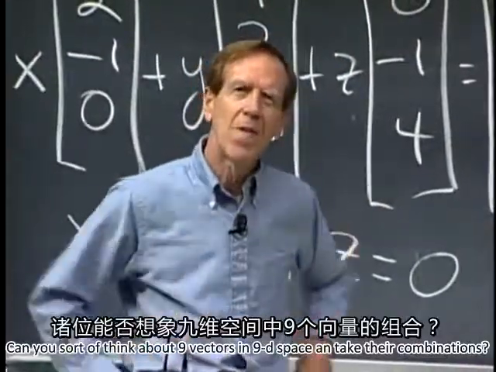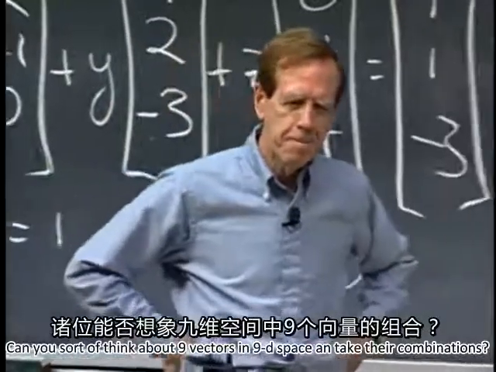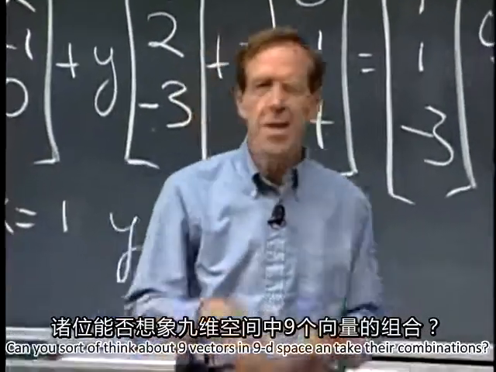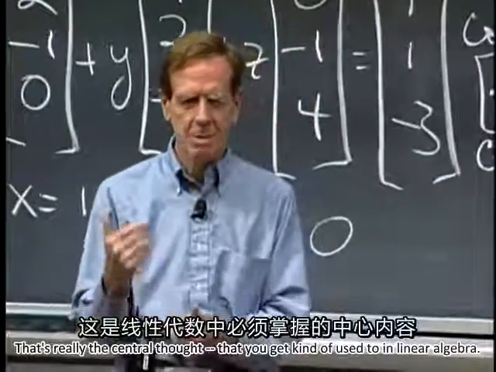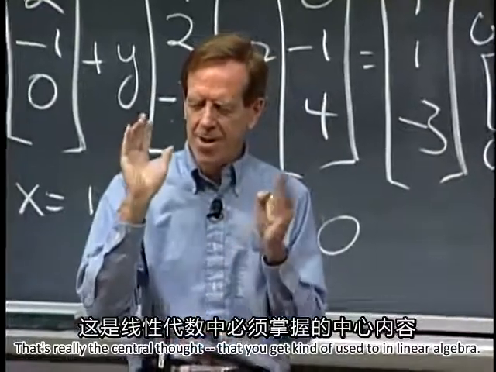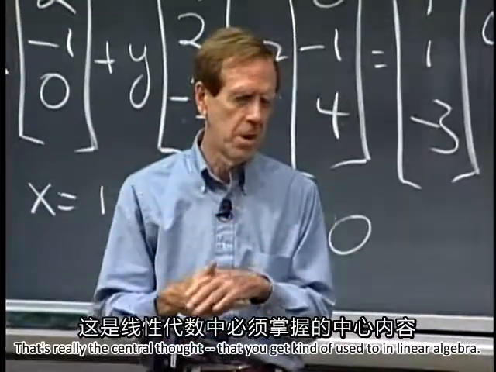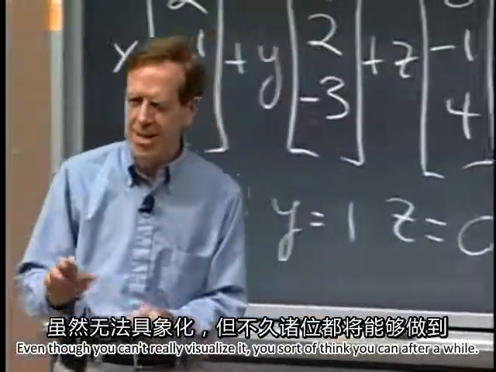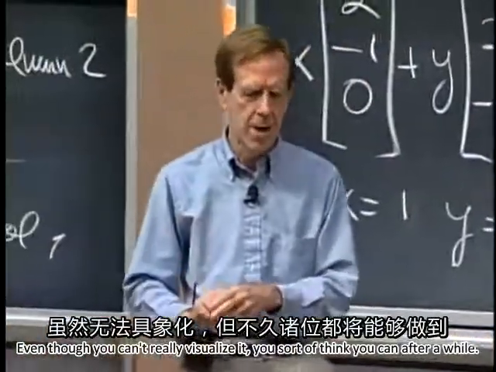Can you sort of think about 9 vectors in 9-dimensional space and take their combinations? That's really the central thought that you get kind of used to in linear algebra, even though you can't really visualize it, you sort of think you can after a while.